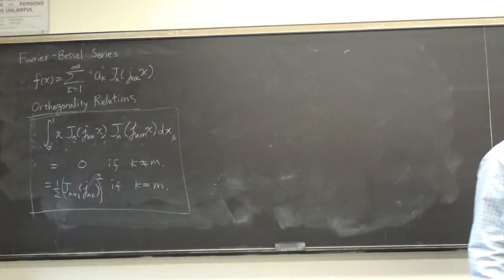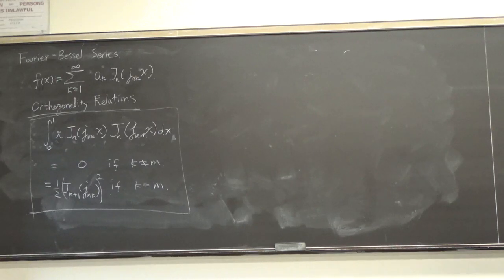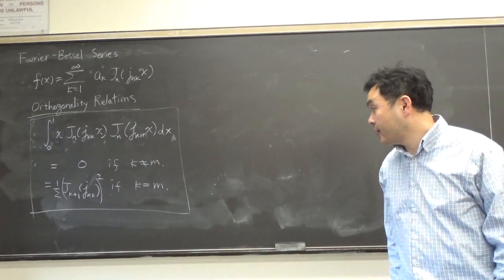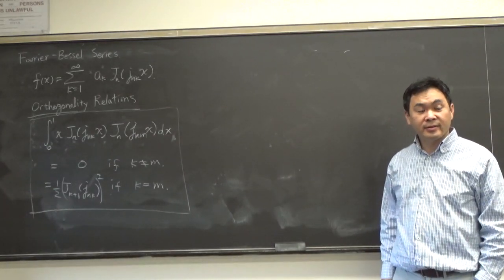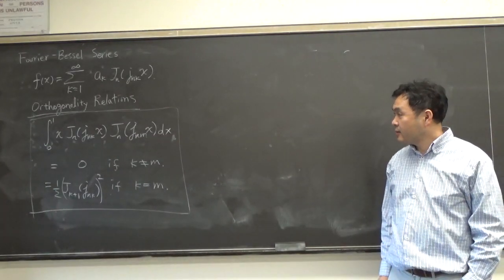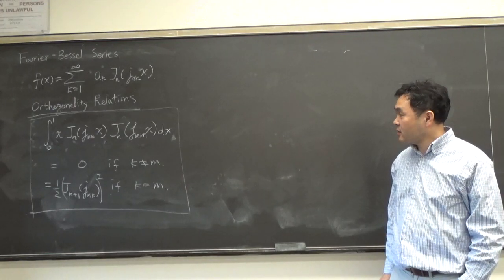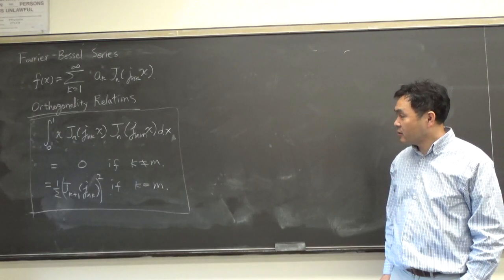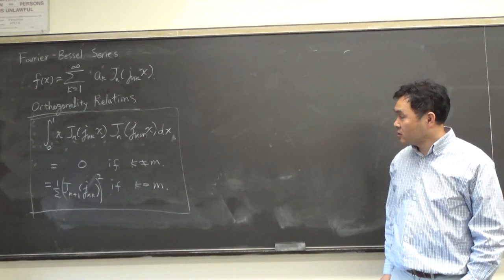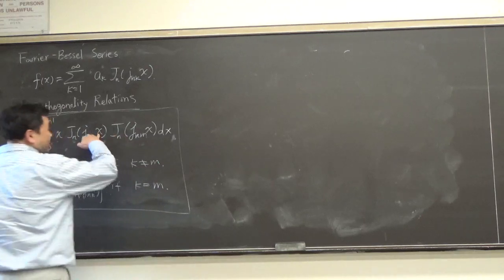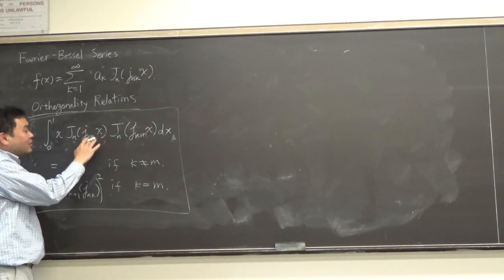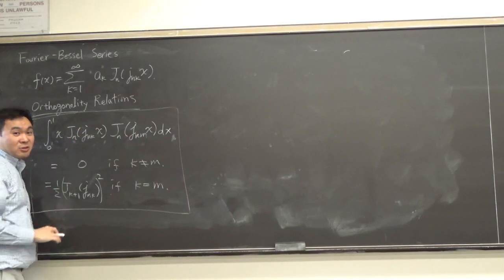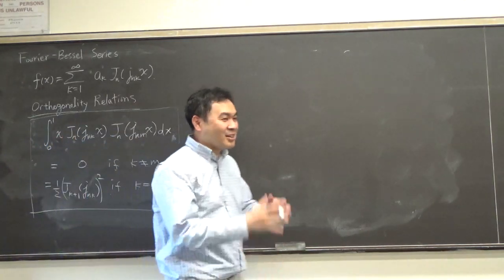Okay, so yes? That means J_n,k at x equal to any integer... if you plug in 1, then this gives you 0.